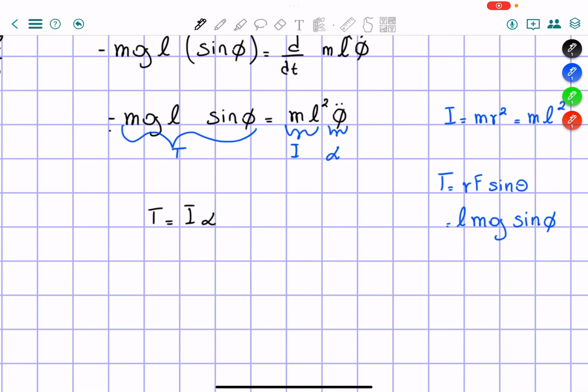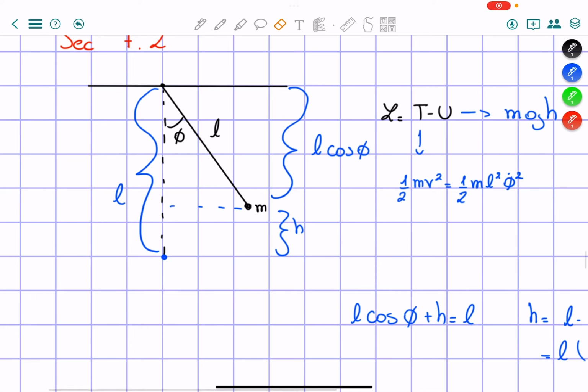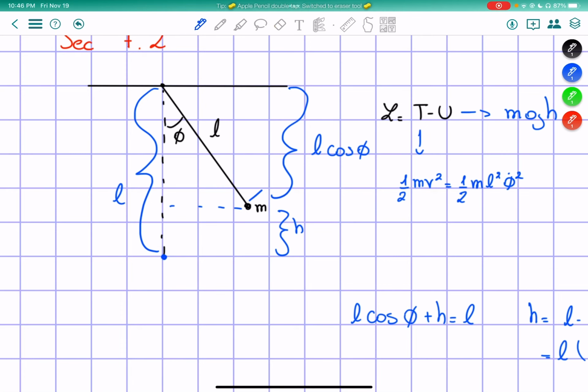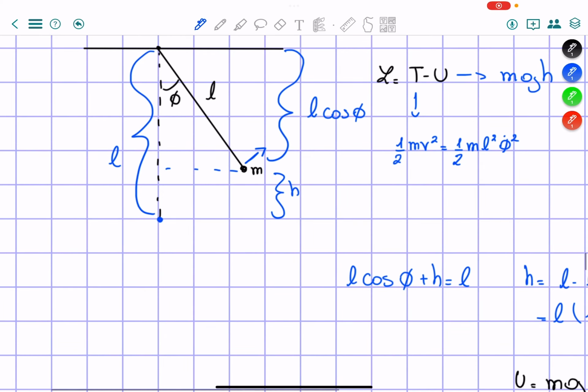Now, where does this negative sign come from? Well, if you think about the pendulum, we know that the torque is going to push in this direction. Why? Because the torque is the force that is coming out from the force. So the mass is moving in this direction just because of the torque. But instead, the acceleration is in the opposite direction.